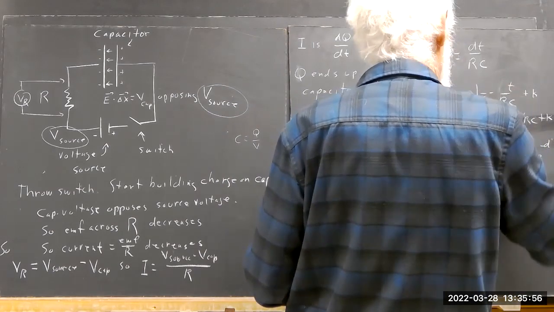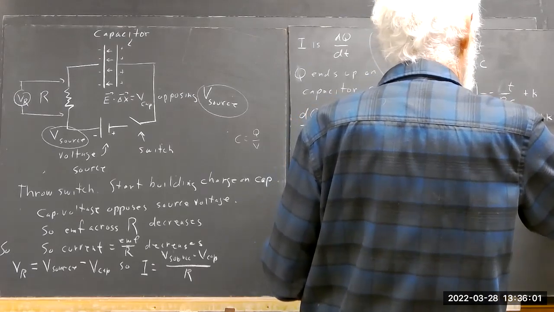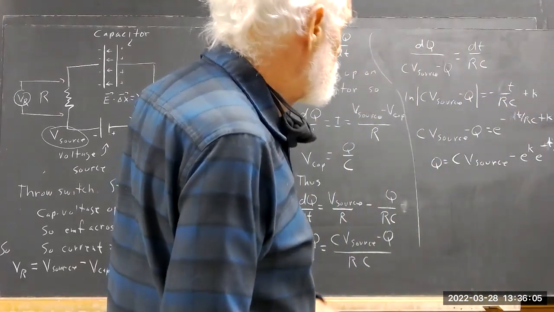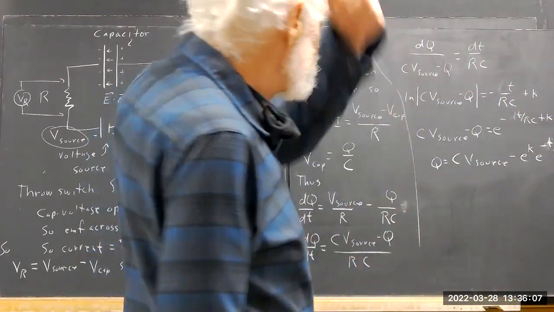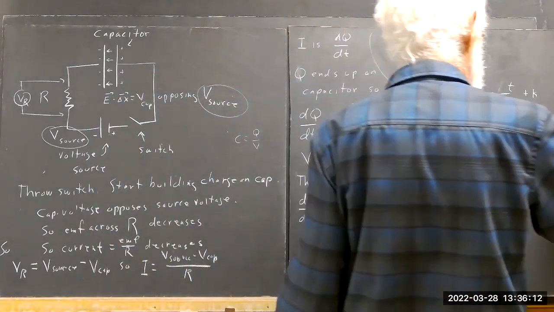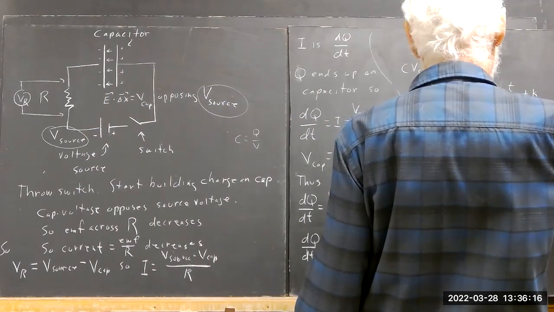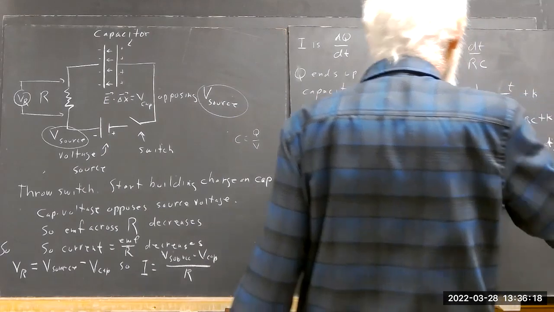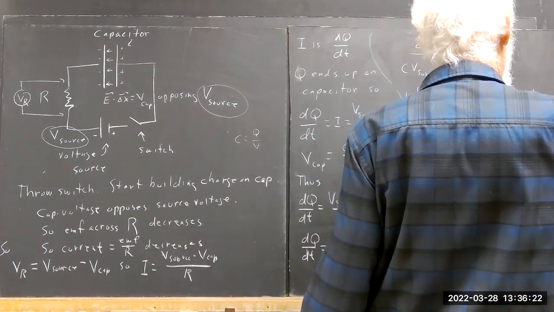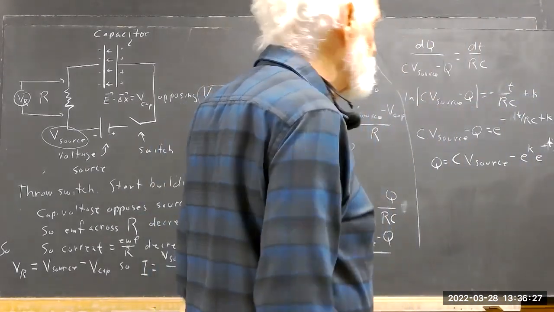There's no d in here, t over RC. Okay. Now it's right. Now e to the K is, again, okay, for C V source greater than Q.